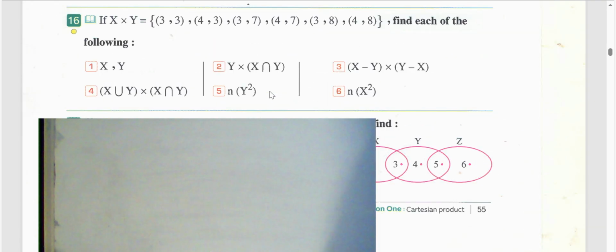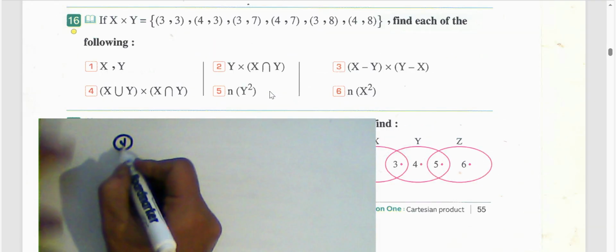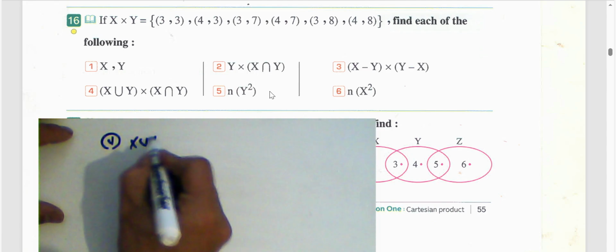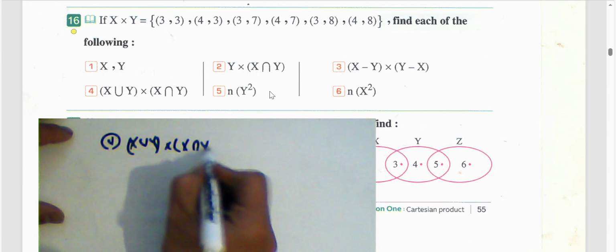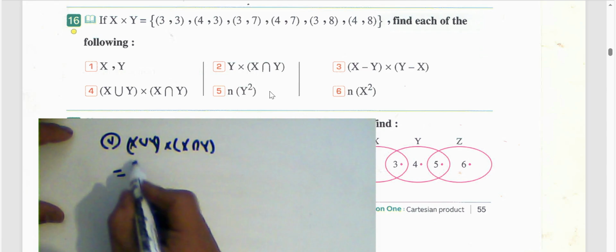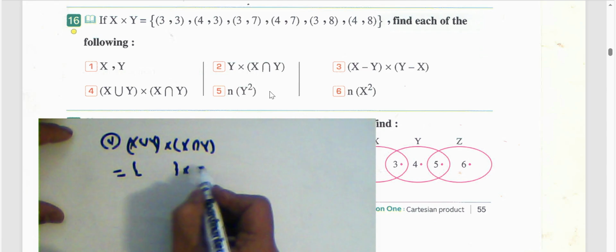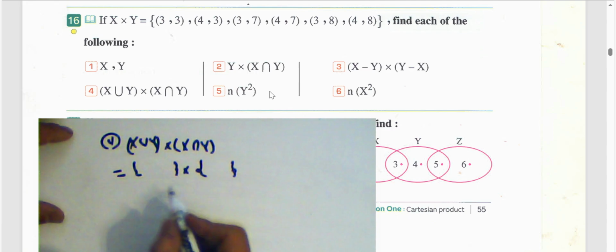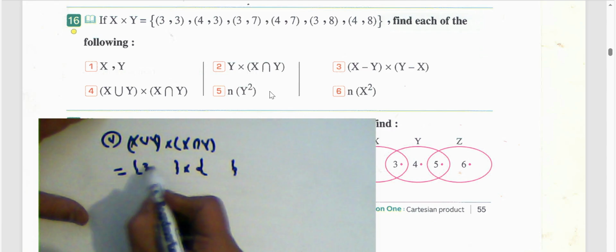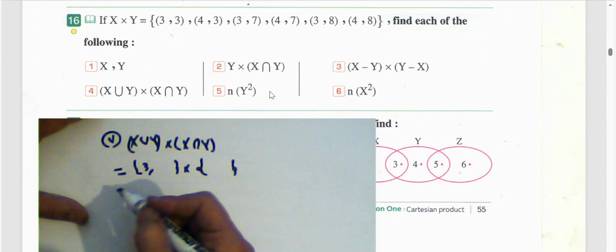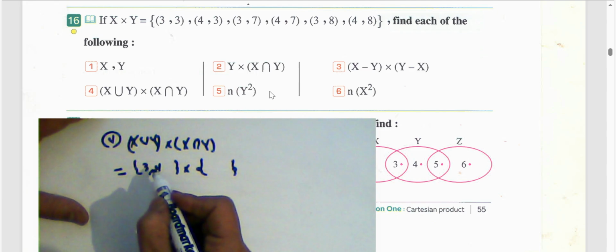Now we'll complete number 4. You want to find x union y Cartesian product by x intersection with y. We can write the union between together and then intersection between x and y. X was 3 and 4, and y equals 3, 7, 8.